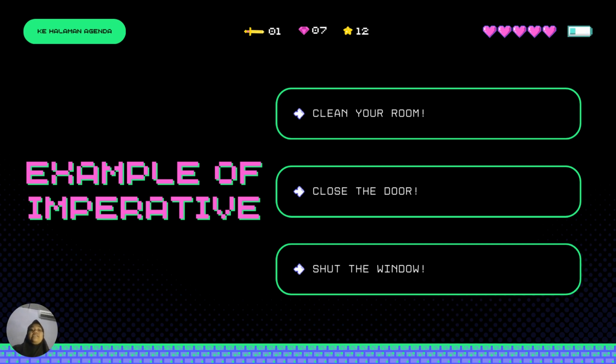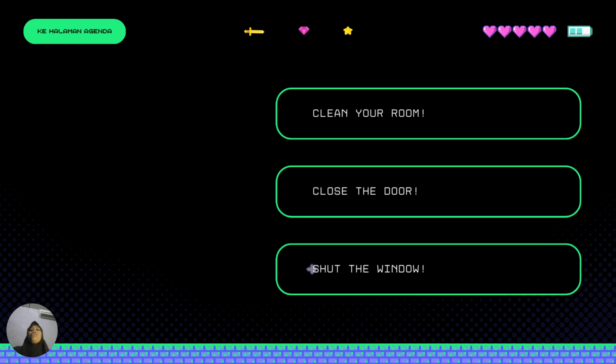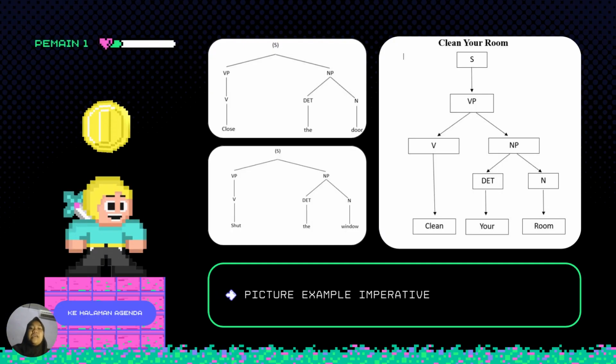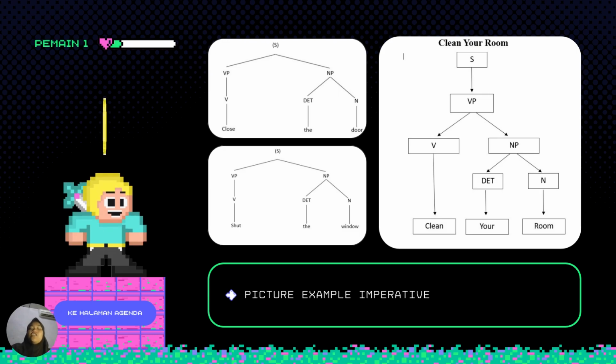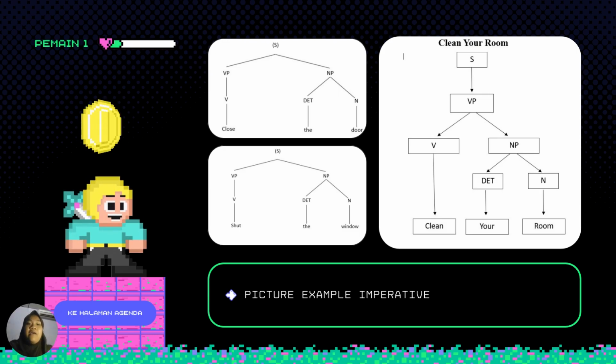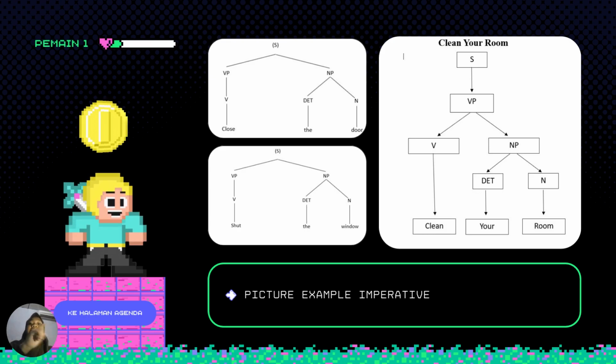These are example sentences of imperative. So you can see on my screen: clean your room, close the door, and shut the window. So this is the tree diagram in syntax. In this first diagram, S means subject.